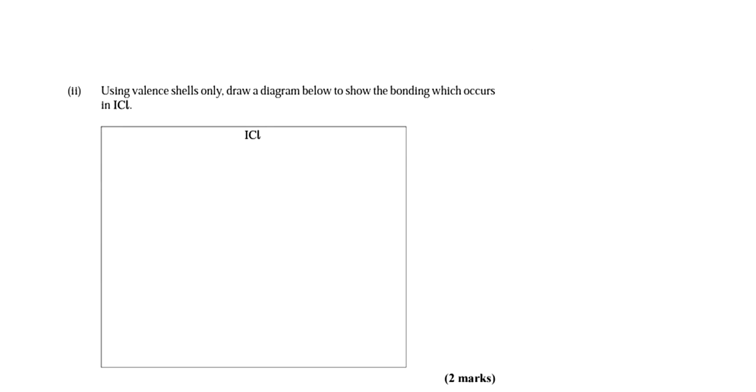Now this second part here is using valence shells only. When they say valence shells, they mean outer shell electrons. And we are looking at the compound ICl.